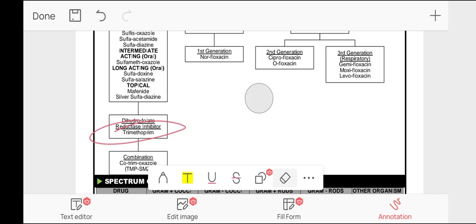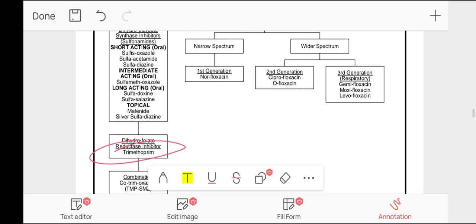Sulfamethoxazole is weakly acidic, while trimethoprim is a weak base. Sulfonamides have a common nucleus resembling para-aminobenzoic acid, so they compete with para-aminobenzoic acid for the enzyme dihydropteroate synthase, and they competitively block it.